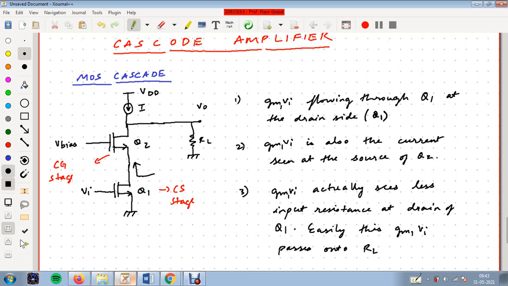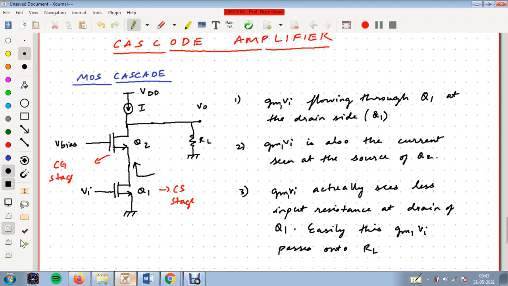Okay, the same current will be seen at the source side of Q2 also, right? And since Q2 is a common gate transistor, it provides less input impedance. Seen in that direction, you can see the arrow mark direction near Q2, right?